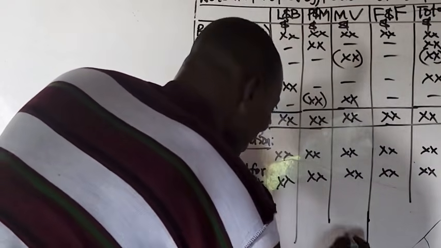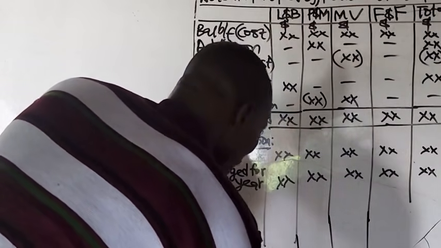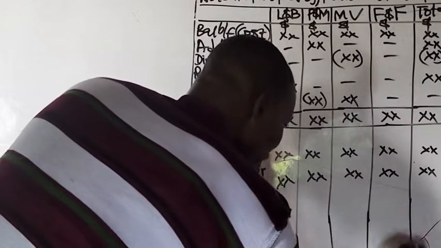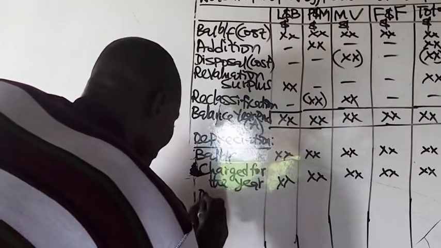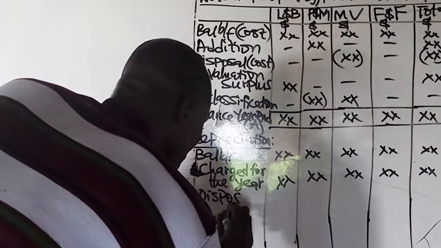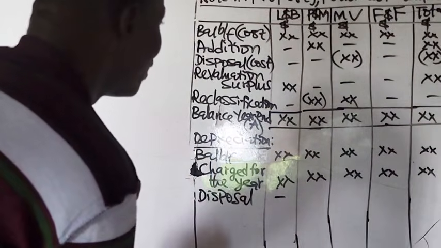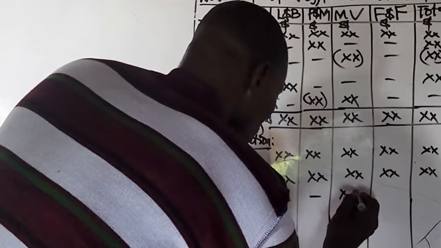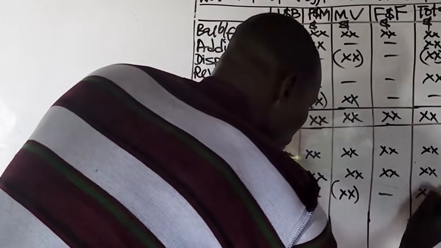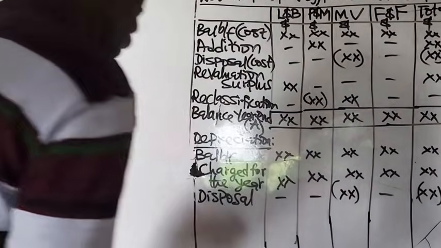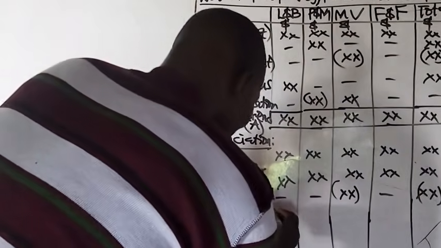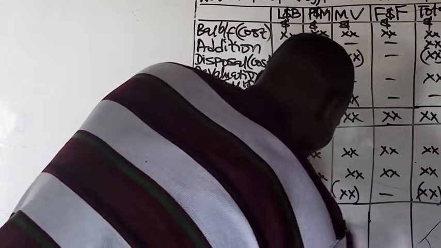Then after this, you may have disposal. The accumulated depreciation of the asset disposed up to the date of disposal. You remove that. Then after this, you have the total, which is the accumulated depreciation to date.